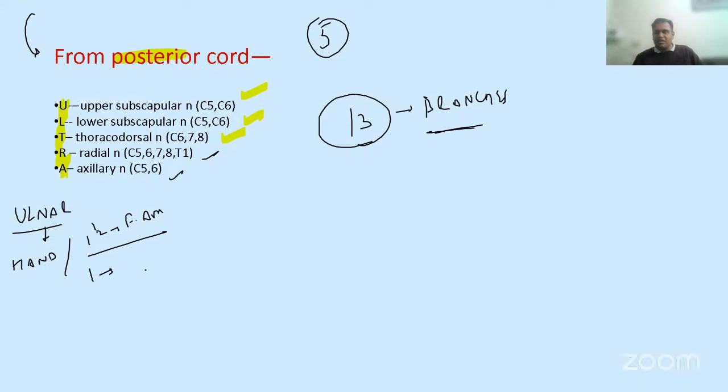One is the flexor carpi ulnaris, and the half is the medial half of the flexor digitorum profundus. So it's 1.5 muscles. In the hand, does it supply all the muscles? No, it supplies the majority. Around 3/4 of the muscles of the hand are supplied by the ulnar nerve.